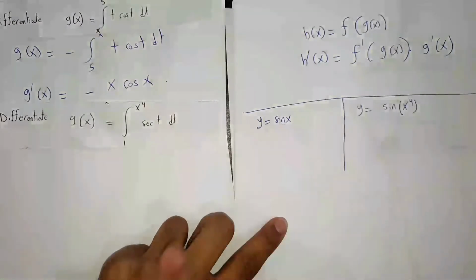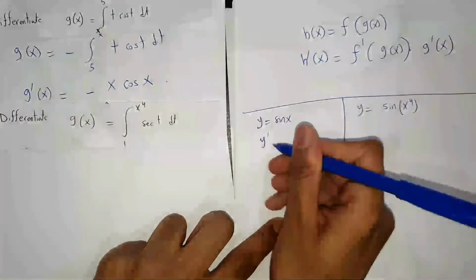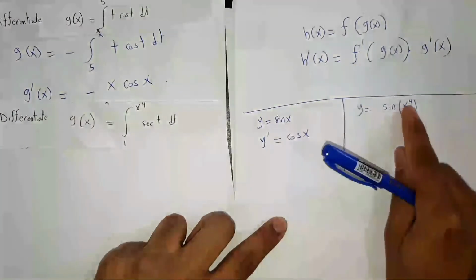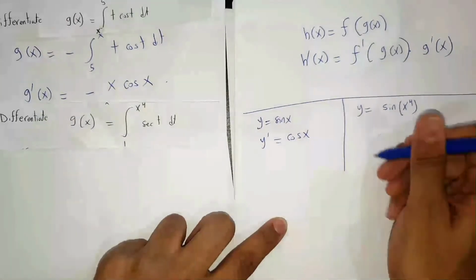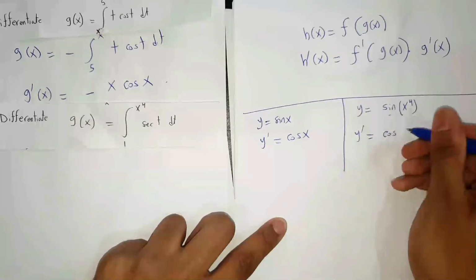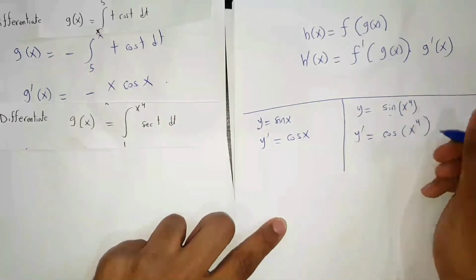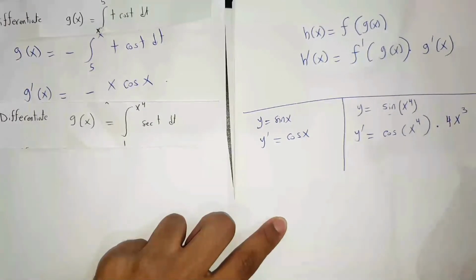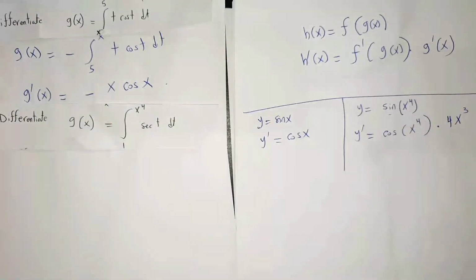Assume we have y equals sine x. Then what is y prime? This is cosine x. Now, if you replace x by x to the power 4, what shall you do? You will use the chain rule. You differentiate the outer function, that is cosine of x to the power 4, and do not forget to multiply by what? 4x cubed. That is the derivative of the inside function.